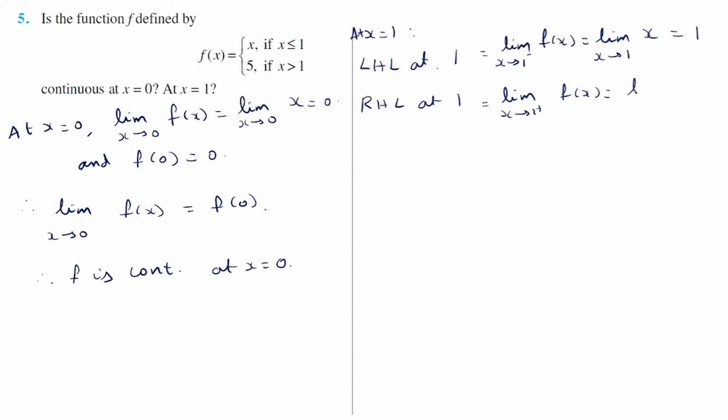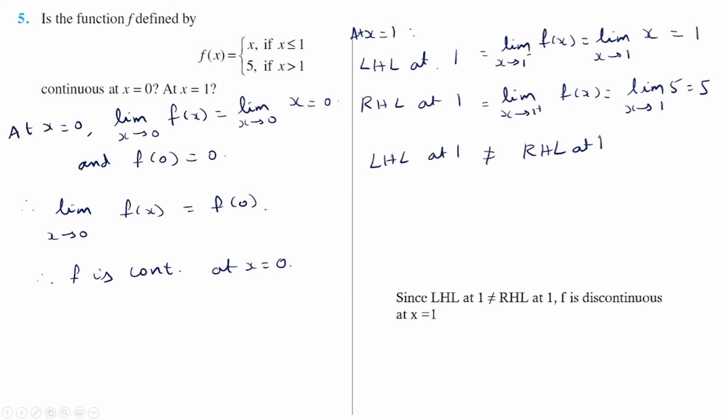This is equal to limit x tends to 1 of 5, which is 5. So we can see that the left hand limit at 1 is not equal to the right hand limit at 1. So since left hand limit at 1 not equal to right hand limit at 1, f is discontinuous at x is equal to 1. So it is continuous at x is equal to 0 and it is discontinuous at x is equal to 1.